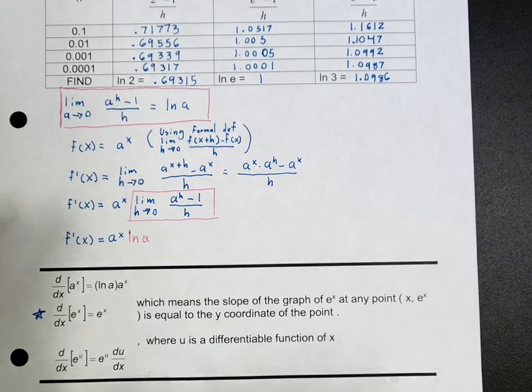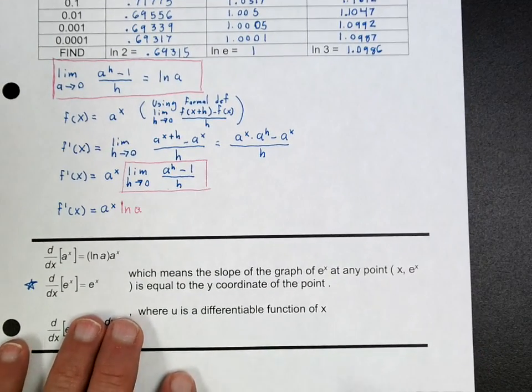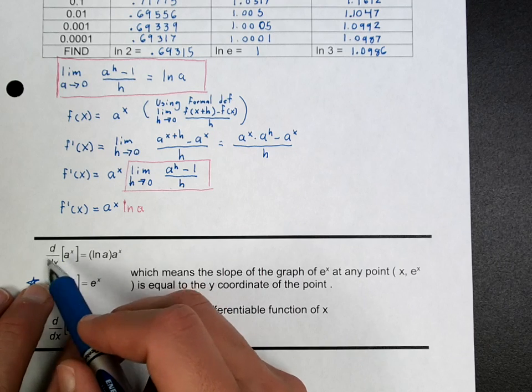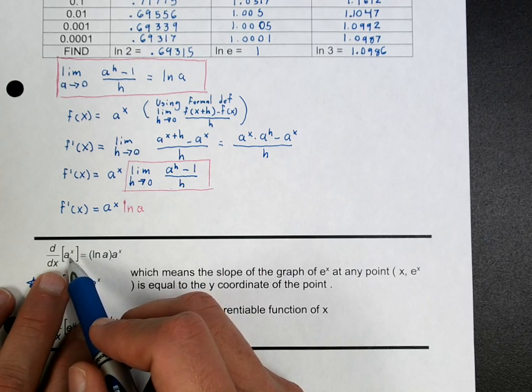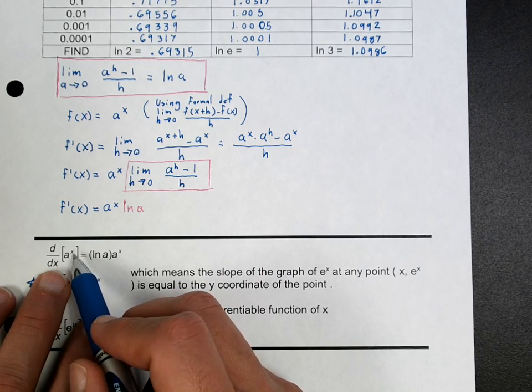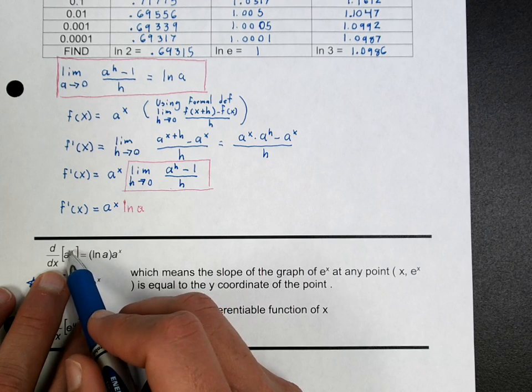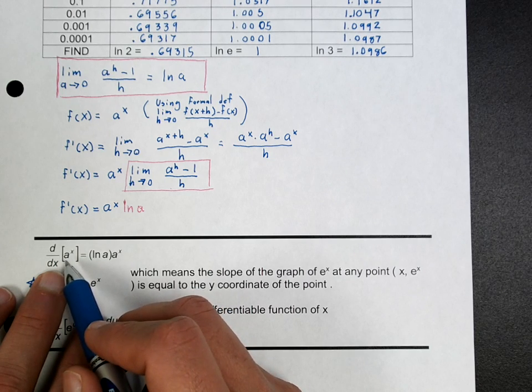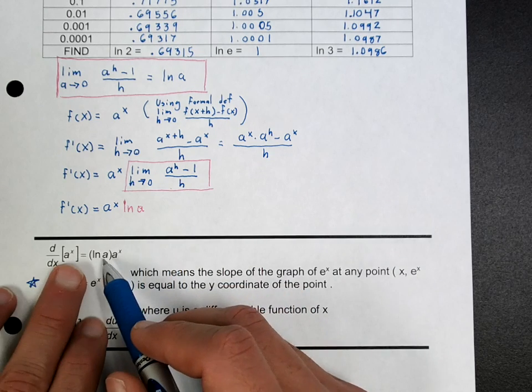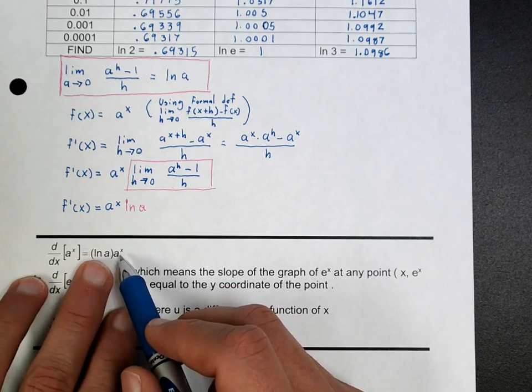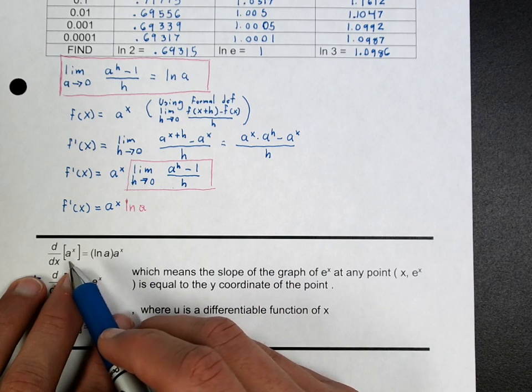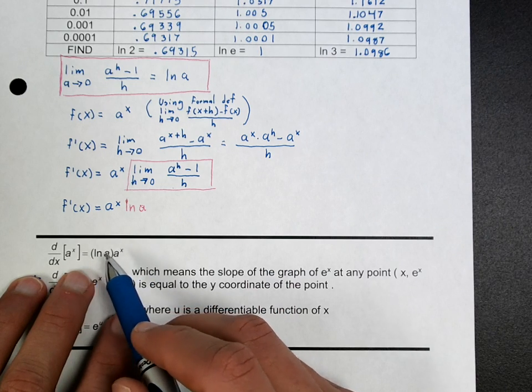So we do all that just to tell you that if you're taking the derivative with respect to x of some exponential function, meaning that the variable is in the power, then the derivative of that will be the natural log of the base times that exponential function. So the derivative of a to the x is equal to natural log of a times a to the x.